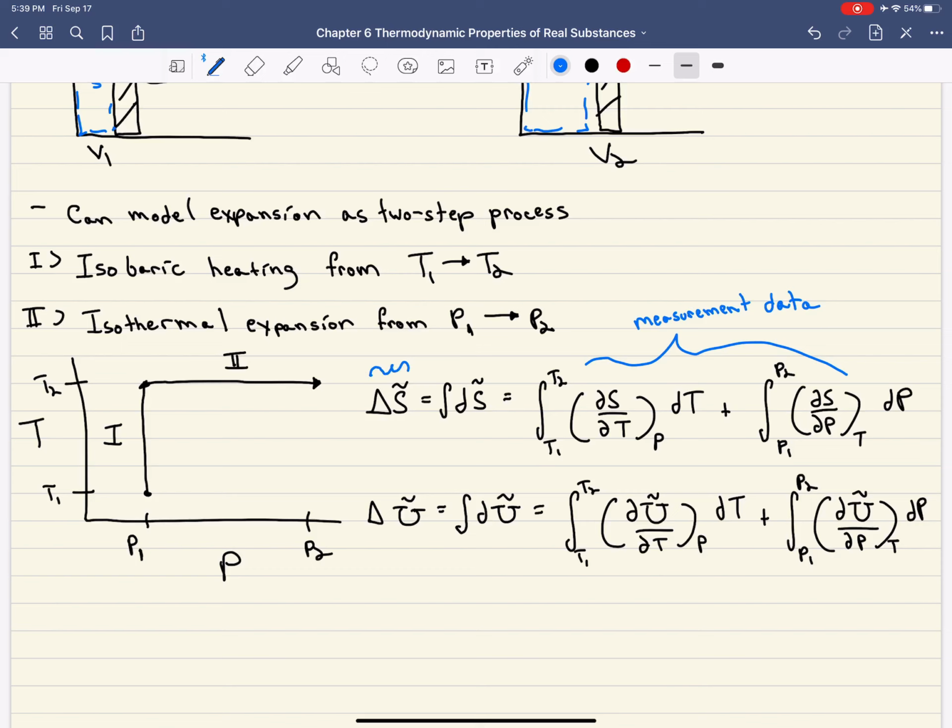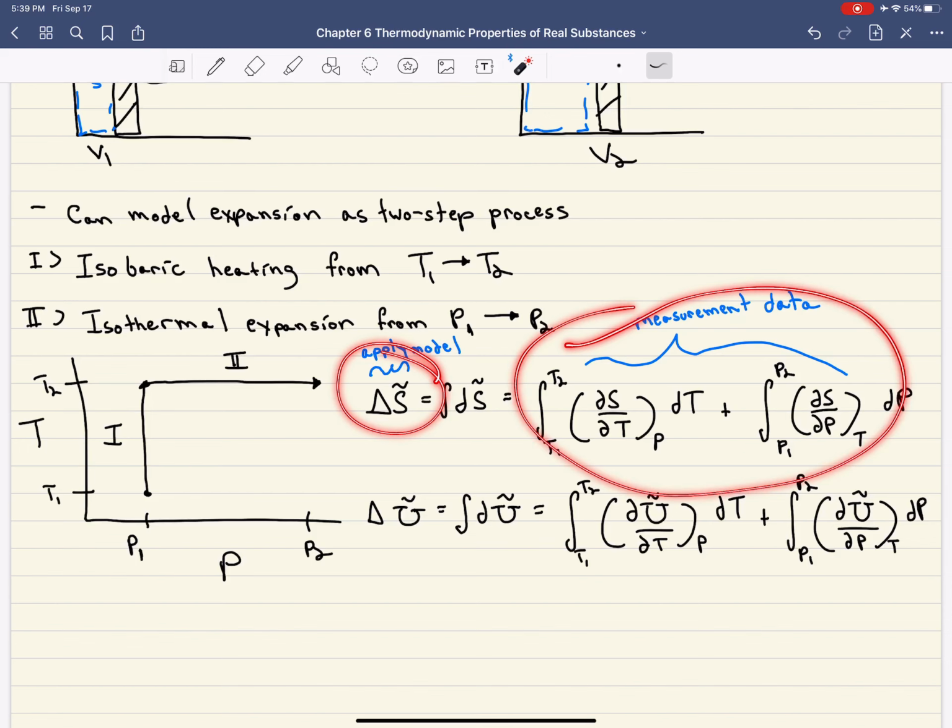And on the left-hand side, this is where we would apply our microscopic model, either for entropy or for internal energy. And the way that we figure out A and B, those molecular parameters, is we're going to adjust our model, we're going to change the A and B values until this part of the equation best matches this right-hand side of the equation. And so we're going to fit our model to the data.